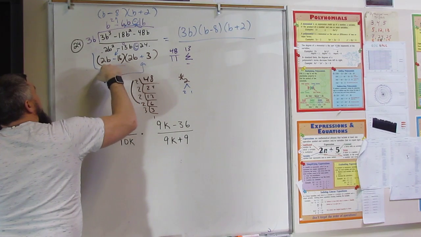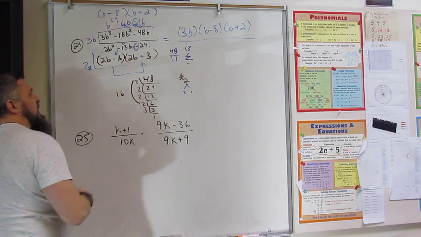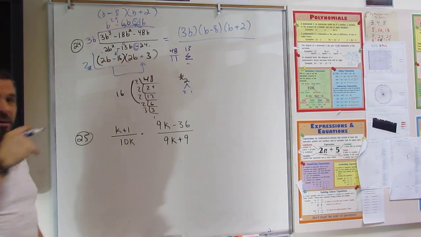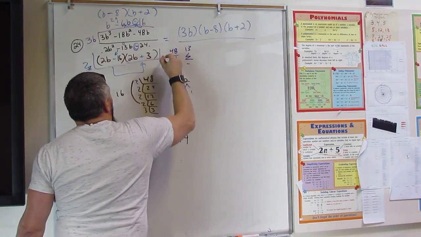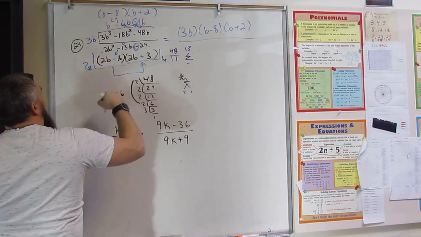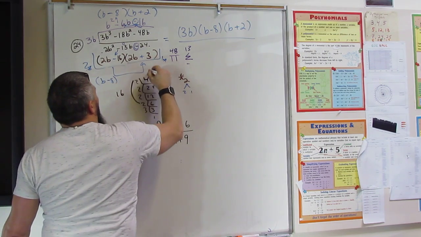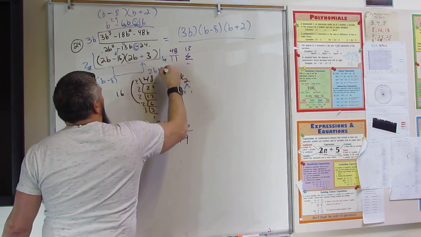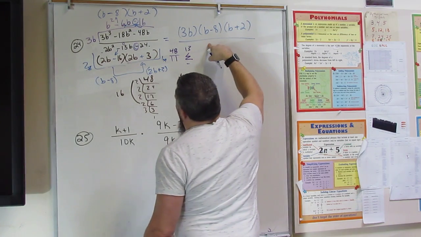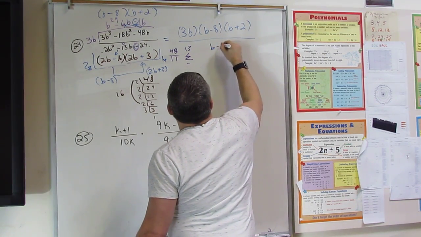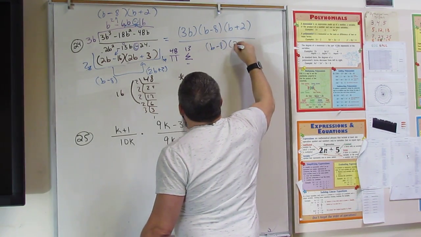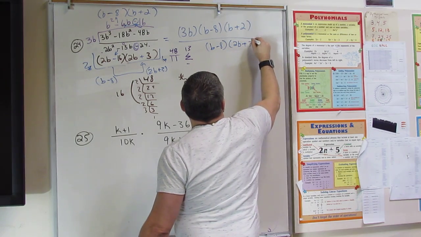So there's a 2 going to this side. Put a star there because we're throwing that away. And then a 1 on this side. Put a star there and throwing that away. So what do we get? We get b minus 8 and we get 2b plus 3. So we rewrite those over here: b minus 8 and 2b plus 3.